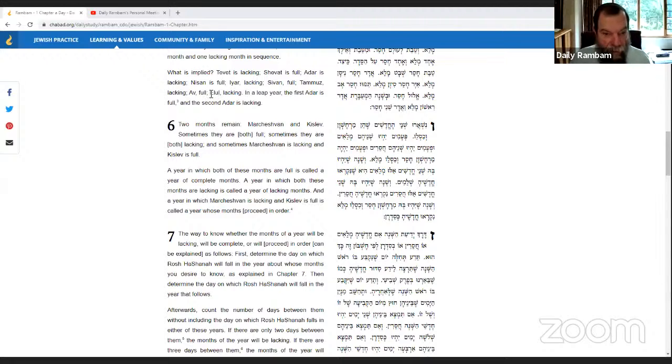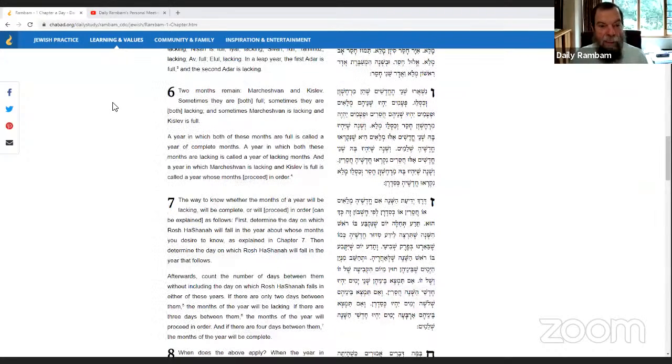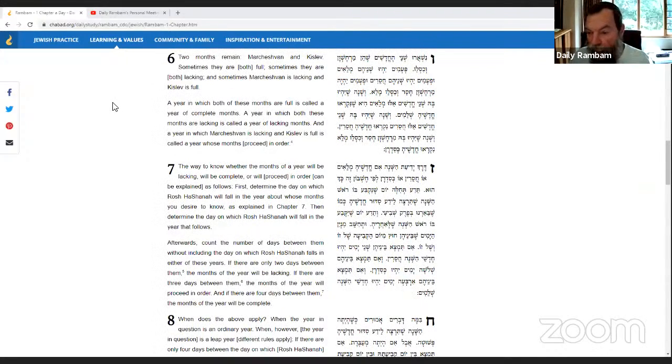Tammuz is lacking, Av is full. Elul is lacking. And we said Tishrei is always full. Now, sometimes you have a leap year, and you have 2 Adars. In a leap year, the first Adar is full, and the second Adar is lacking. So these are certain rules that are fixed and built into our fixed calendar for posterity.